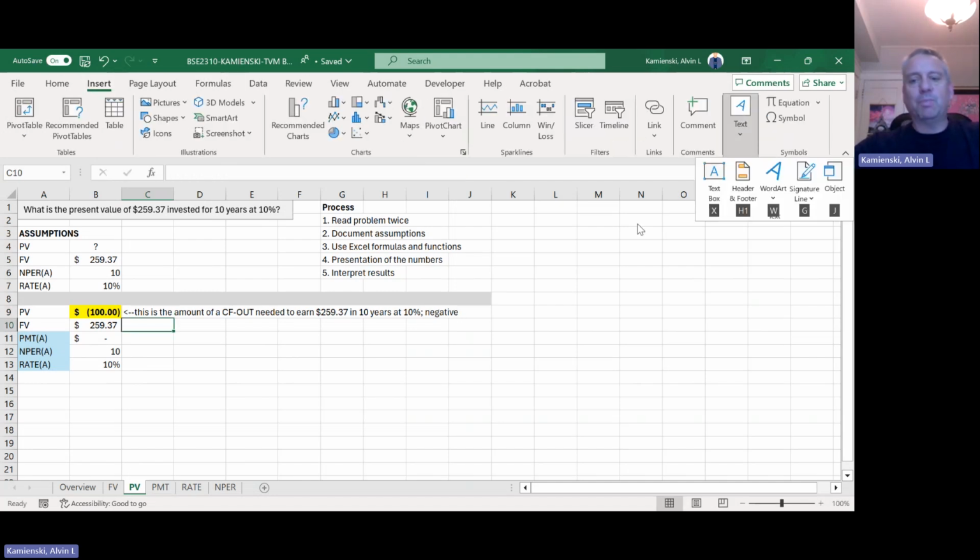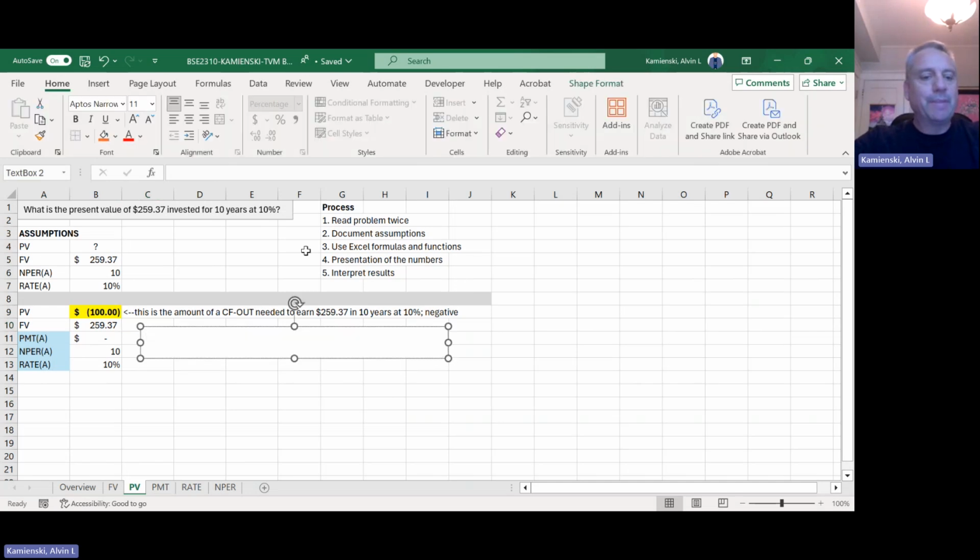Or we could type it in more narrative terms, saying an investment goal of 259.37 requires an initial investment, a term that we often use, initial investment of, and then I can just type it in narratively as $100 if invested for 10 years at 10%.